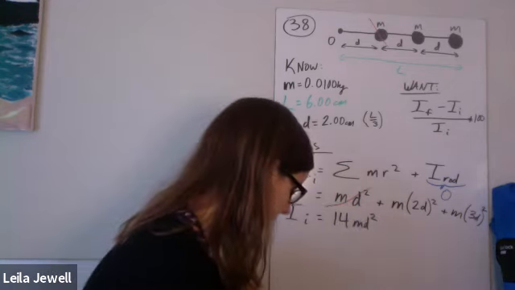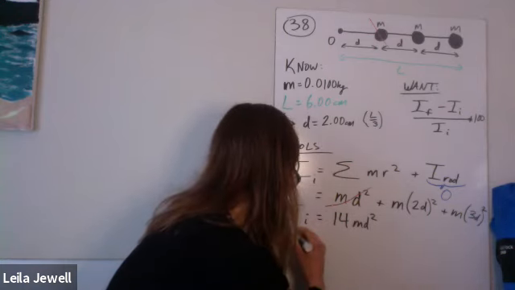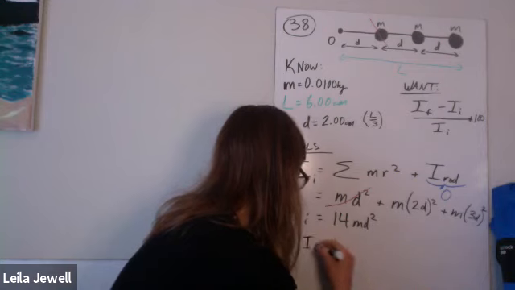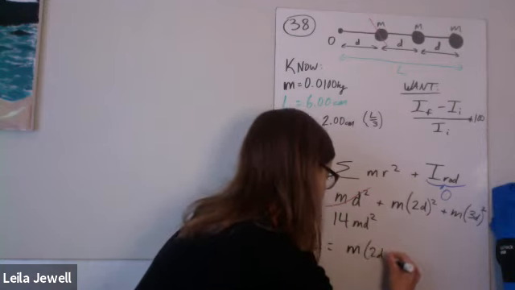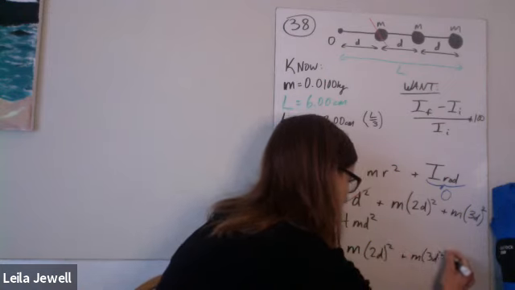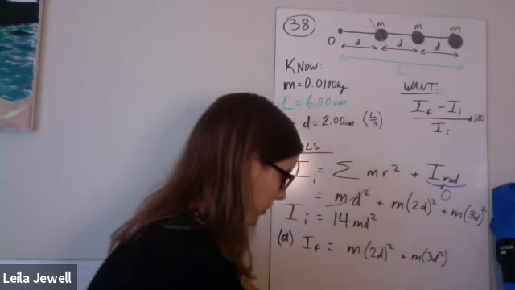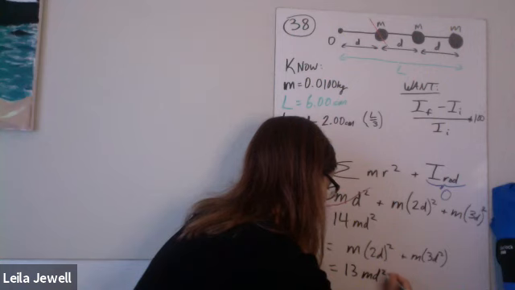So for part A, my I final is just going to be the later ones. So m times 2d squared plus m times 3d squared. Or in other words, 4 plus 9. So it comes out to 13 md squared.